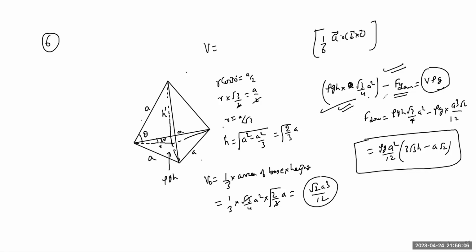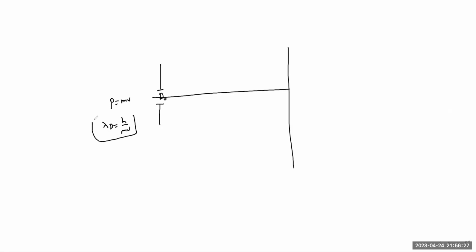This is from diffraction. Oh, okay. So when you have a hole of diameter d naught, and if you think of it as a particle with momentum mv, the de Broglie wavelength is h by p.